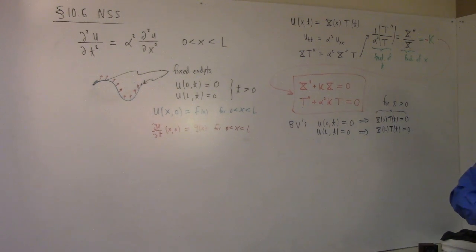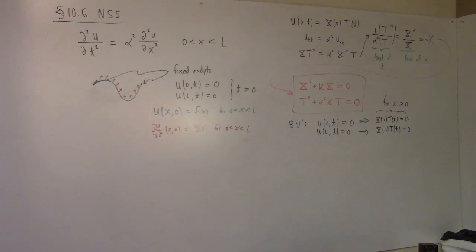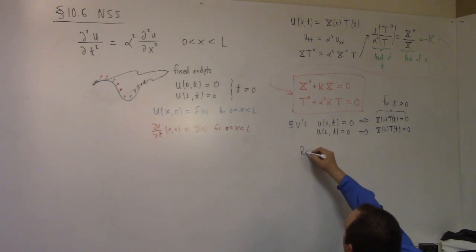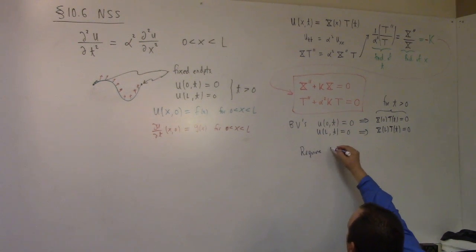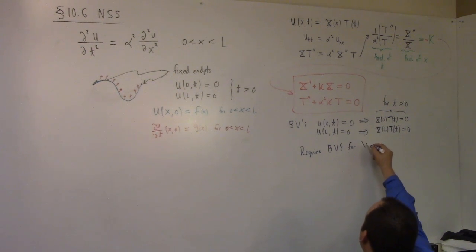So if t of t is non-zero, the only way we can achieve these trivialities is what? We need boundary values for x.